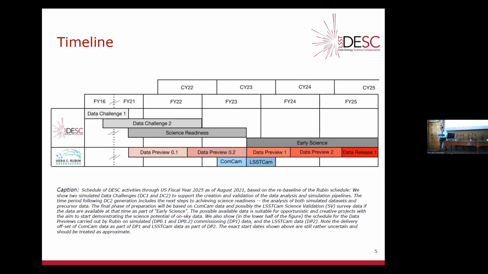One thing you can remark here is that Data Preview 0.2, Data Preview 1, Data Preview 2, and so on will serve as objects to be studied by DESC, and these studies will extend beyond the start of LSST data taking.